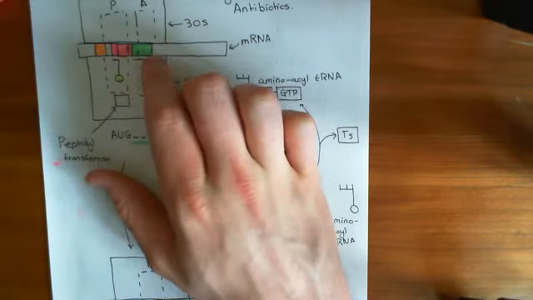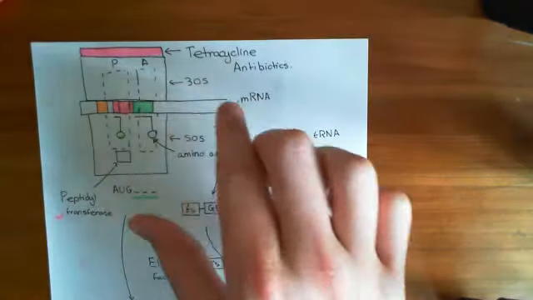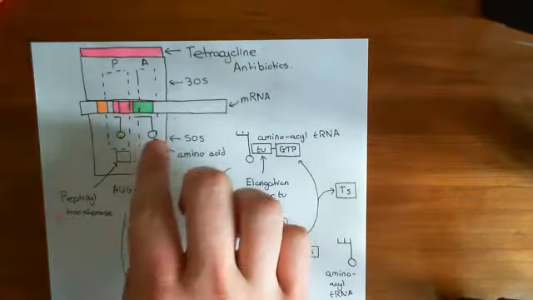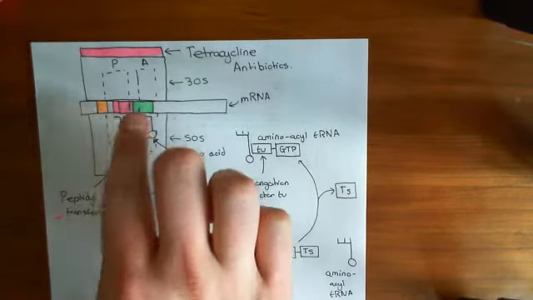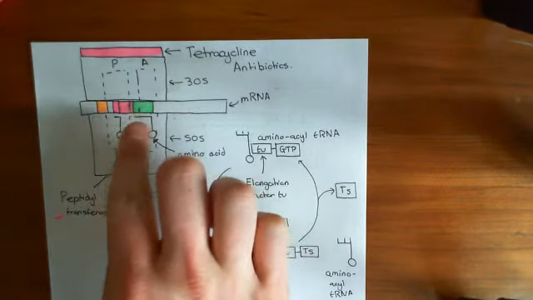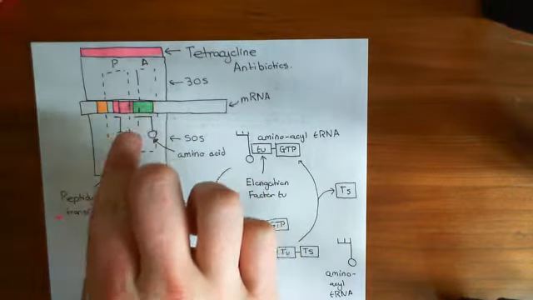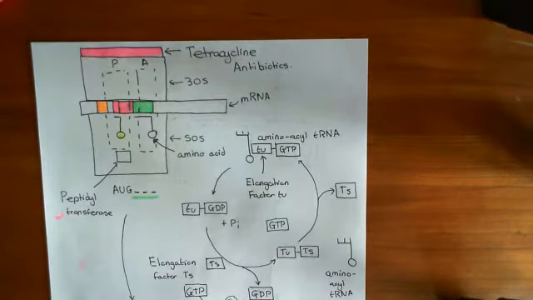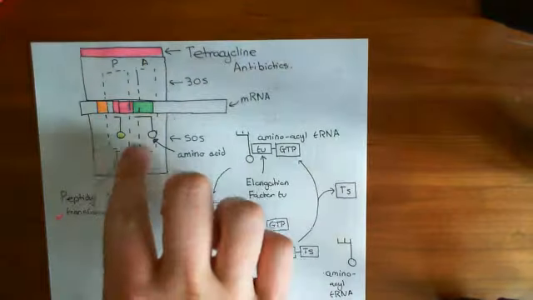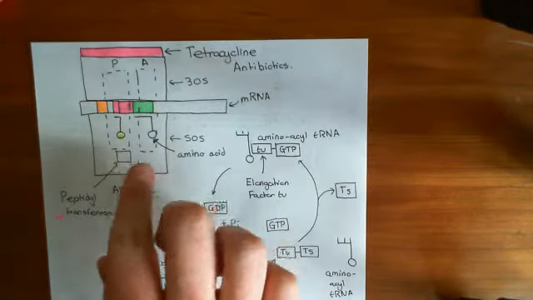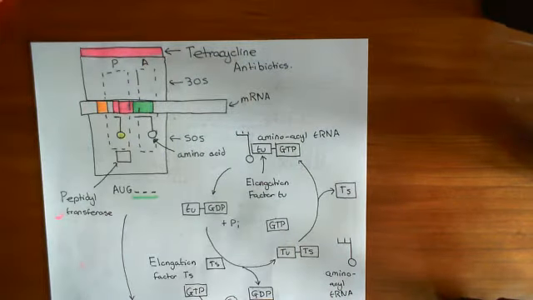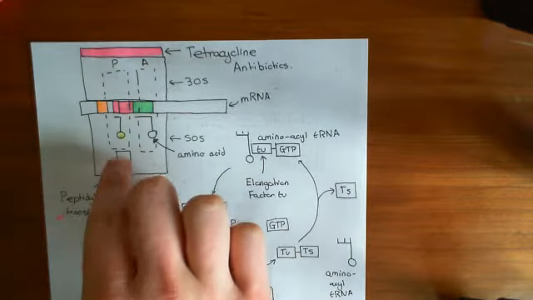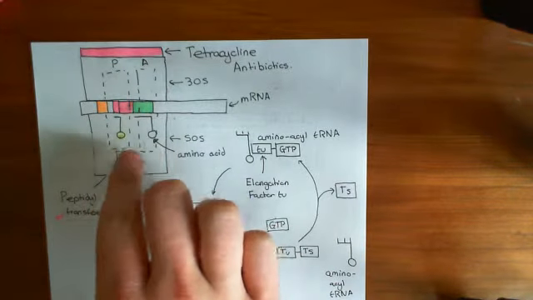And with tetracycline bound to the 30S subunit, the aminoacyl tRNA still comes in, it still binds to its codon on the mRNA, but its position within the ribosome is not correct, and the peptidyl transferase enzyme just cannot perform the reaction because the aminoacyl tRNA is nowhere near it, so it can't transfer these.